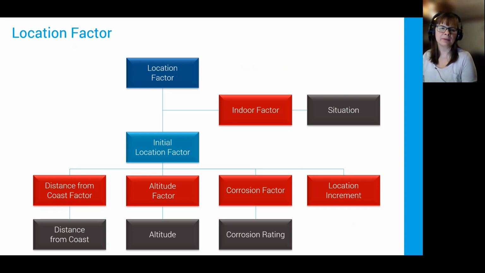And we've seen that as we've implemented systems in places like New Zealand, where, especially for things like towers and overhead lines, wind direction and jet streams and things like that has much more of an impact than distance from coast. Altitude is quite important, especially for lines, so for icing and things like that, and corrosion rating.